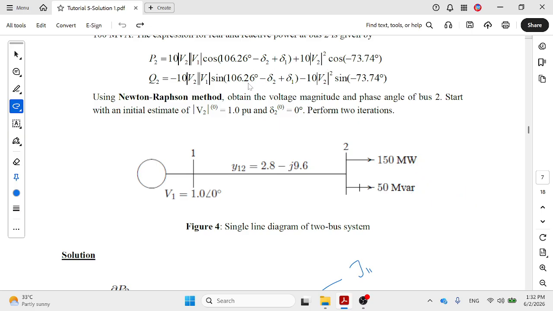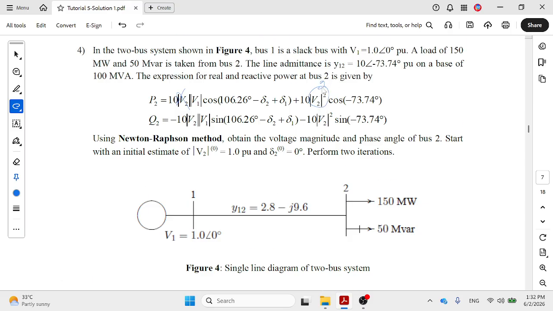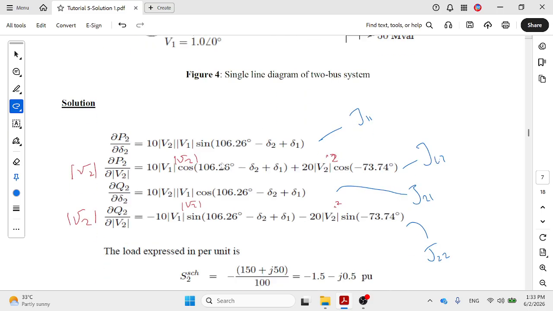Ignoring this one, for this part the derivation becomes 2 V2. Again we have to multiply this final value by V2, so this one becomes V2. So you have 10 V1, I added V2 myself, the angle is constant, 20 V2 to the power of 2, and this is J12.